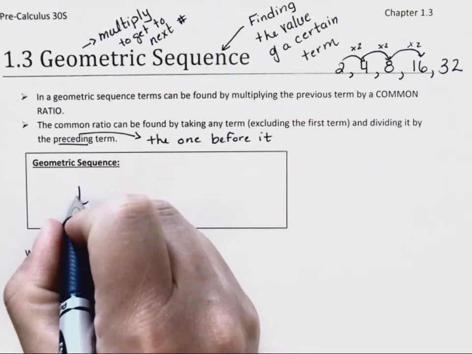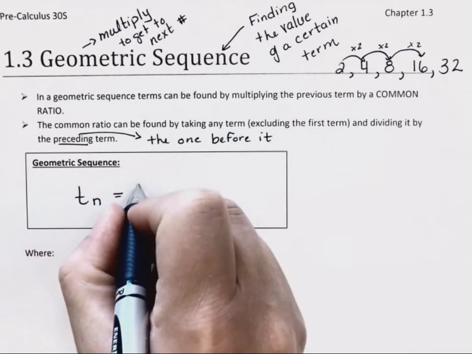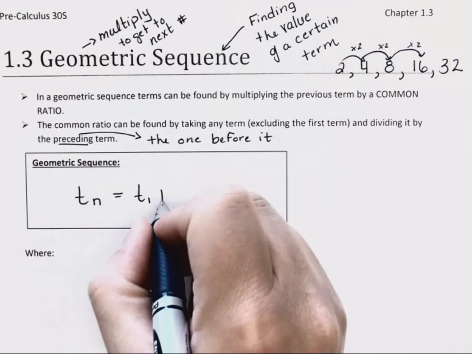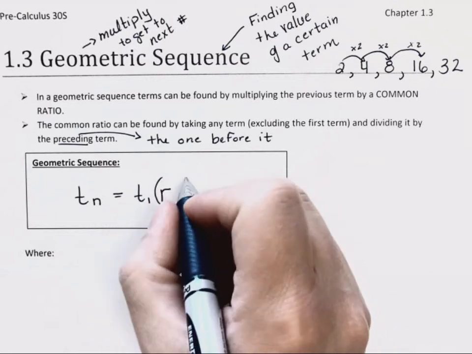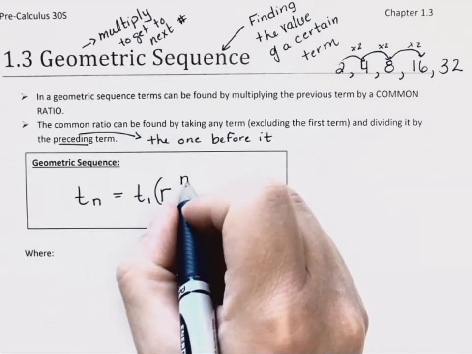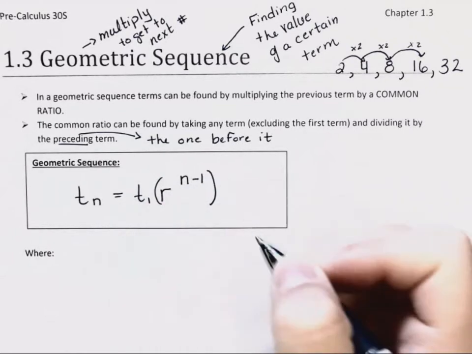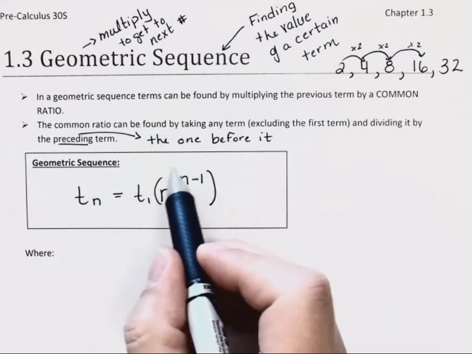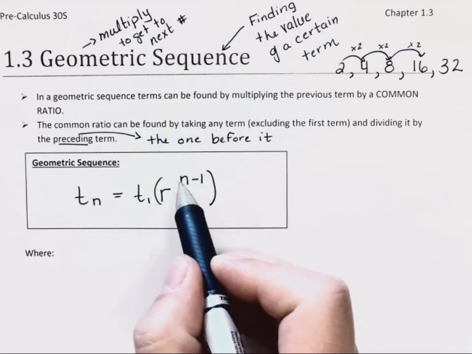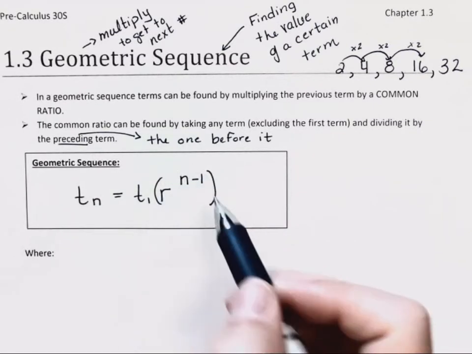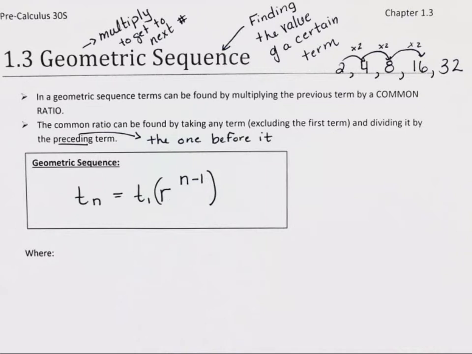So the geometric sequence formula is Tn equals T1 times r to the exponent n minus 1. So this whole exponent, you have to do the math up here first before you actually apply the exponent.